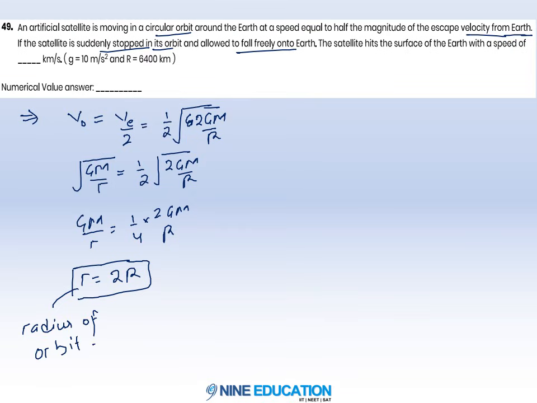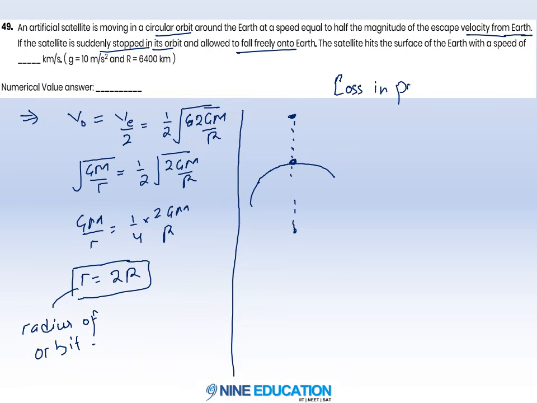So now if at this moment the satellite stops and is allowed to fall freely, what is going on? The satellite is here at distance 2R, and the satellite will strike the Earth's surface. So loss in potential energy is equal to gain in kinetic energy.